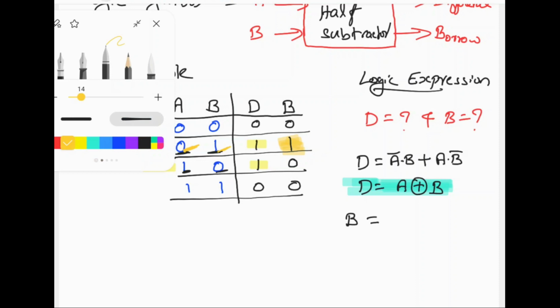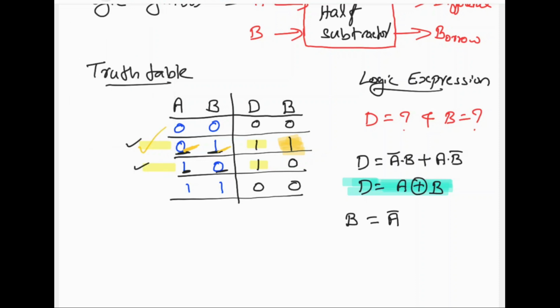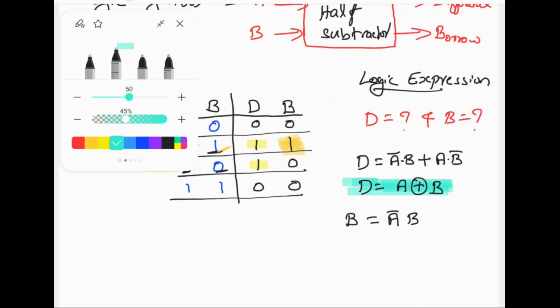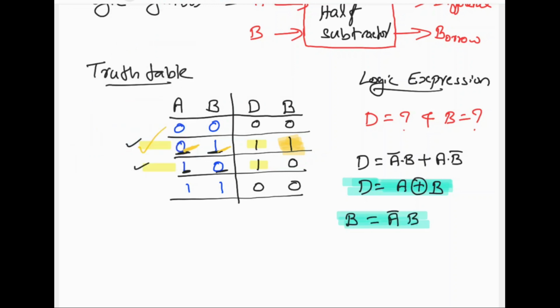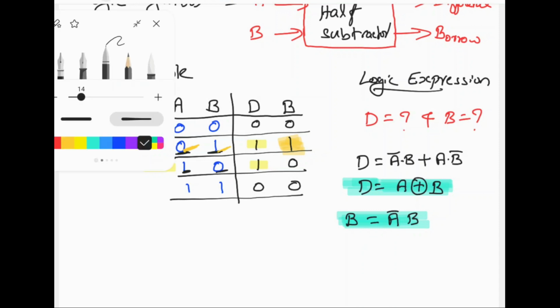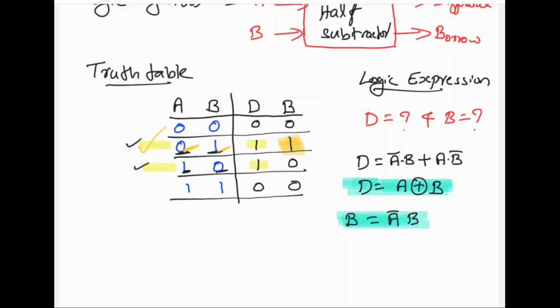So we can write borrow as A bar B. So this is the equation for borrow. These are the two equations of half subtractor, or we can say it is the logic expression for half subtractor, difference and borrow.